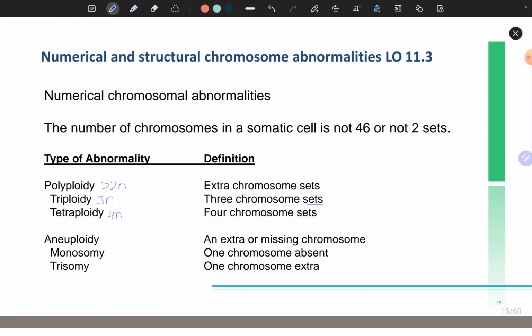So we have conditions, we have monosomy, which is one chromosome missing, or we have trisomy, in which 3 chromosomes are present. So here it is 1 less, here it is more than 2, or it is 3.